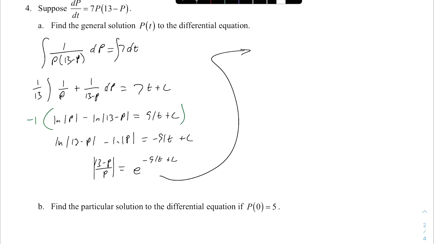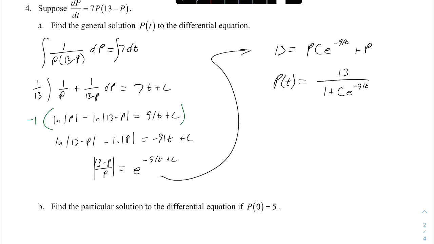Again, this isn't really something that you guys are going to need to know how to do, or really at all. And then I can divide over the 1 plus ce to the -91t after I've factored out the p. So I end up with 13 over 1 plus ce to the -91t.